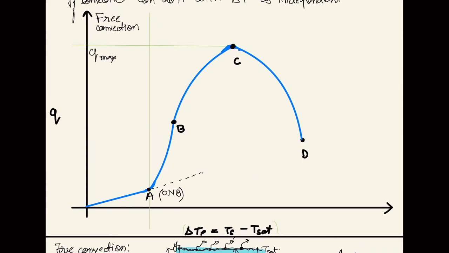This is the point C, this is the point D. It has now typically gone down, and the interconnection is unstable. Okay, let me just figure it out. Let me draw it in a better way.